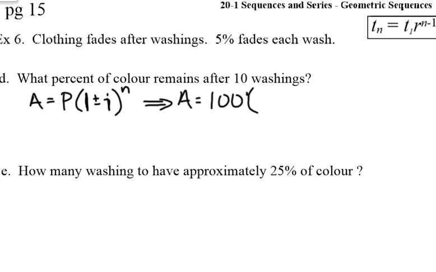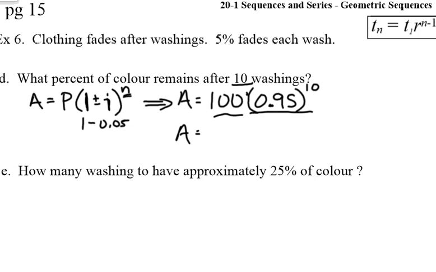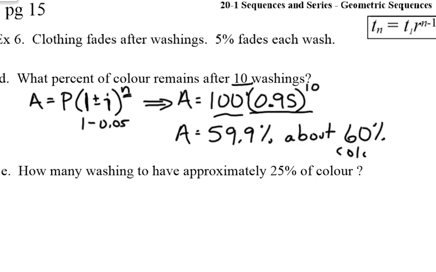We lost 5%, so 1 minus the 5% leaves us with 0.95. Because this is a whole amount, but we lose 5% in this case, which leaves us with that R value of 0.95, and our N is after 10 washings. Figure it out. 0.95 exponent 10 times 100, it says 59.9%, so about 60% of the color remains.